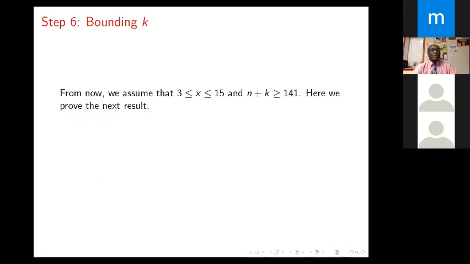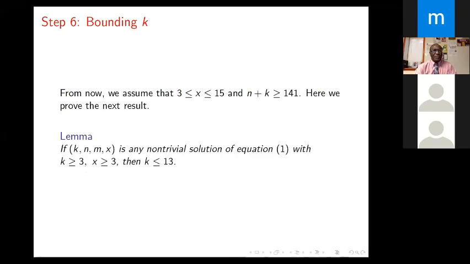So the next step is to bound k now. So we consider x between 3 and 15, and we consider n plus k greater than 141, and we use, again, Baker's method and the reduction method, and we come to the value k less than 13.